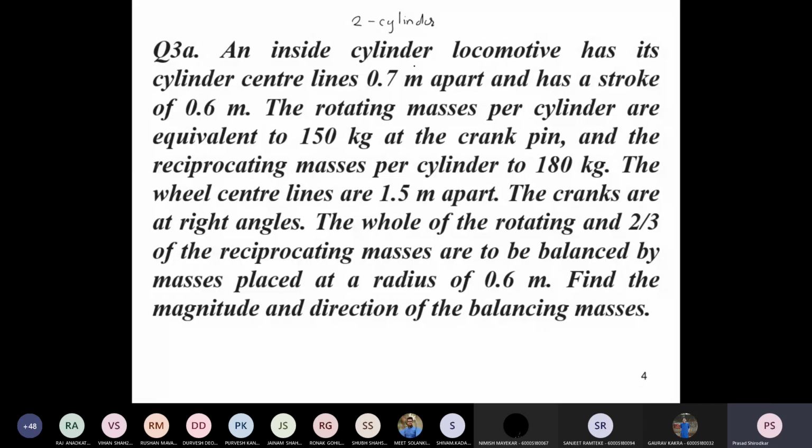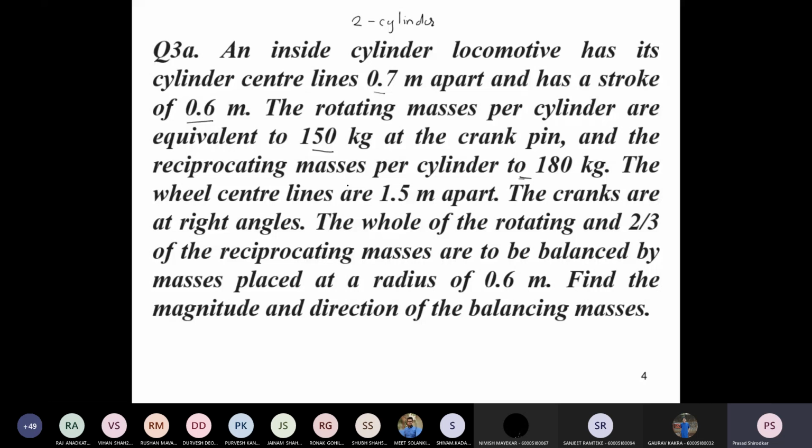An inside cylinder locomotive has its cylinder lines 0.7 meters apart and has a stroke of 0.6 meters. The rotating masses per cylinder are equivalent to 150 kgs at the crank pin, and the reciprocating masses per cylinder to 180 kgs. So rotating is 150, reciprocating is 180 kgs.